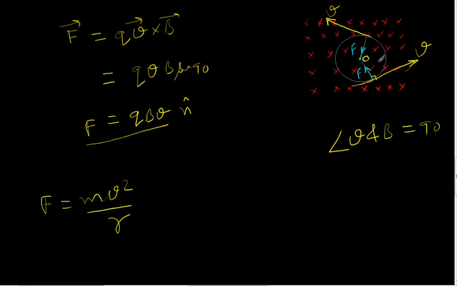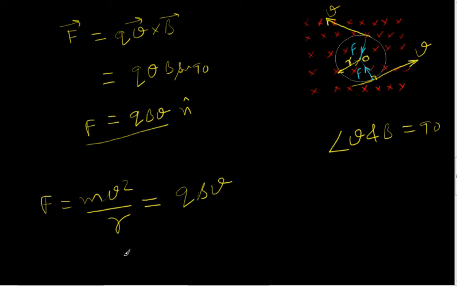Let's assume r is the radius, m is the mass of the charged particle q, and v is the velocity. Then the centripetal force is mv square by r, and this should be equal to qBv.